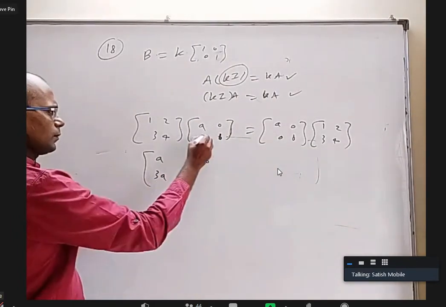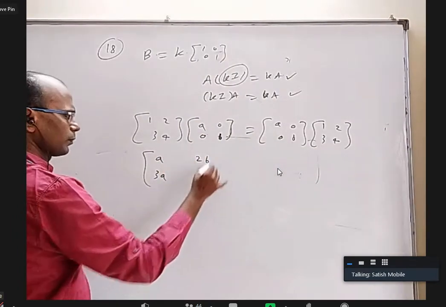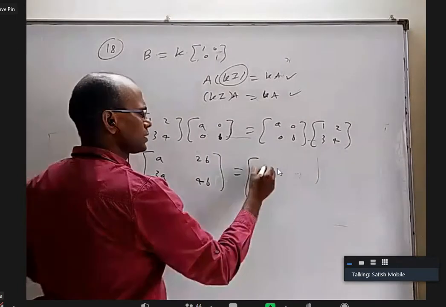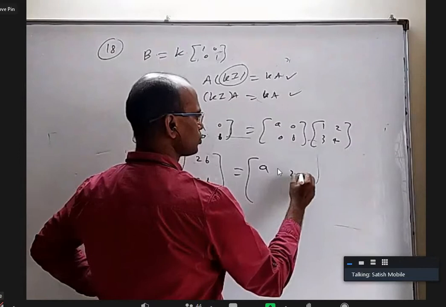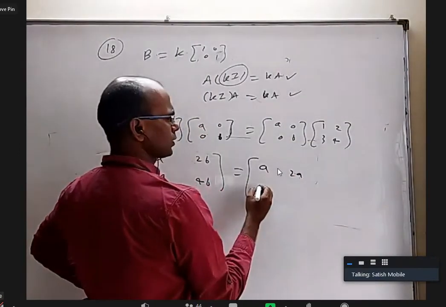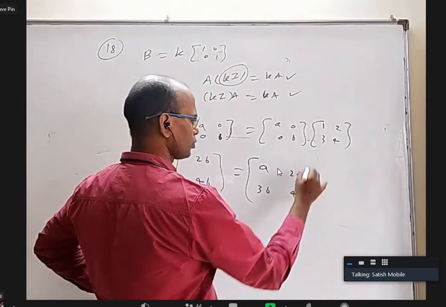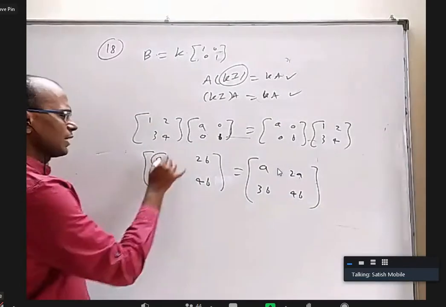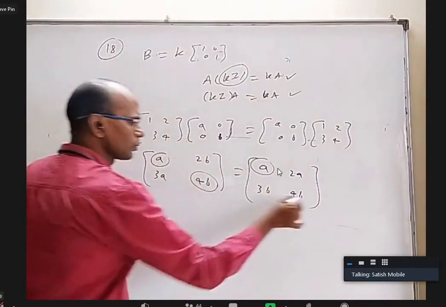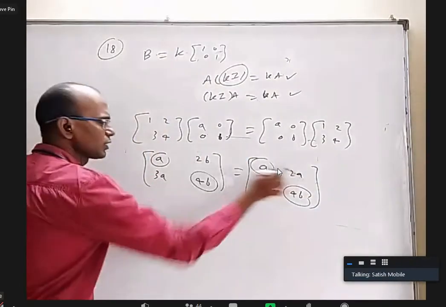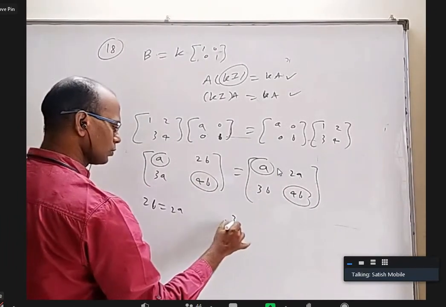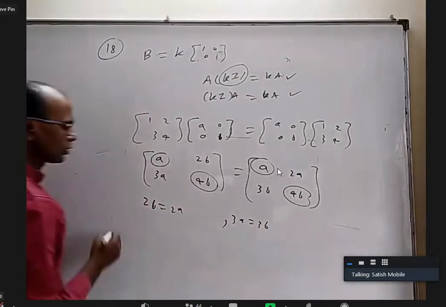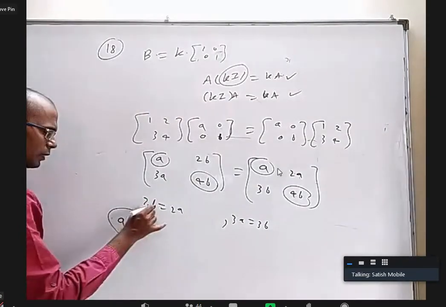This is 3A and this is 4B. When I do this, this is coming A, this is coming 2A, this is coming 3B, this is coming 4B. No problem with A equal to A. They are correct. No problem with 4B equal to 4B. When you equate these two, 2B equal to 2A. And equating these two, we'll get 3A equal to 3B. So the only requirement is A equal to B, nothing else.